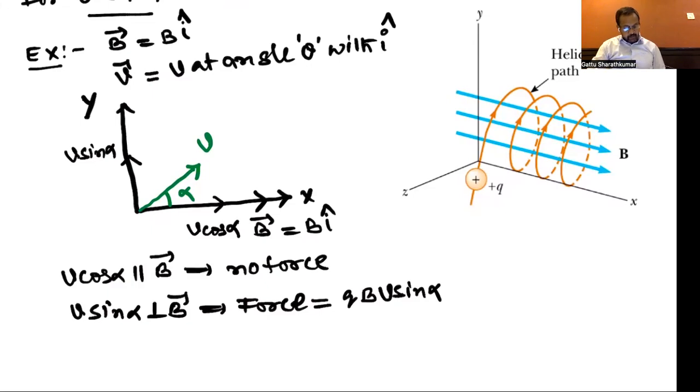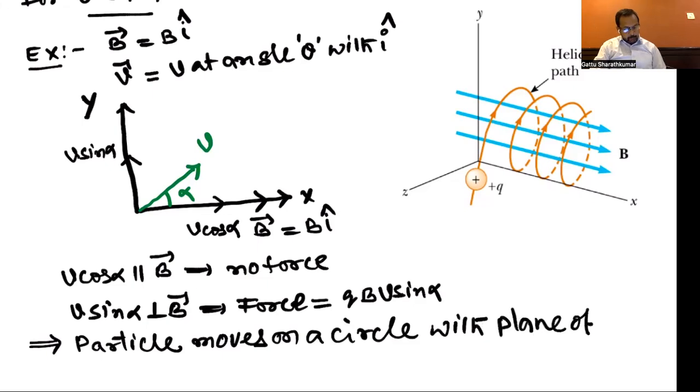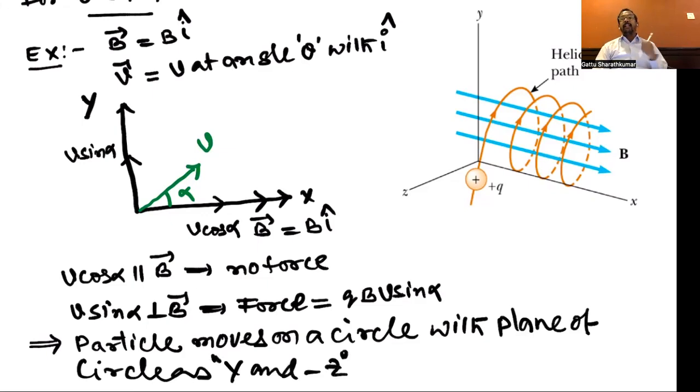Meaning is, listen to this part carefully. The particle moves on a circle with the plane of the circle as y and negative z. So in the y and negative z plane, it will be moving on a circle.